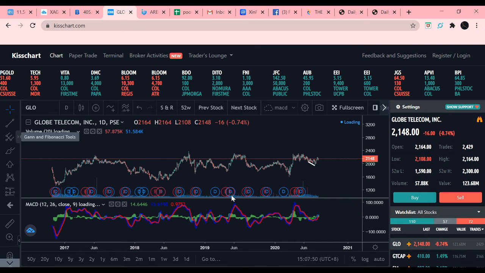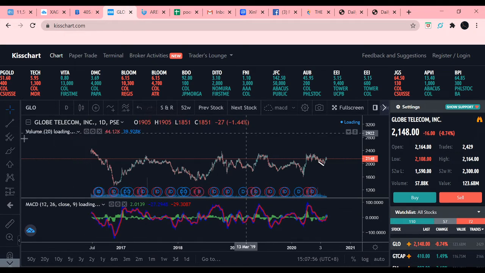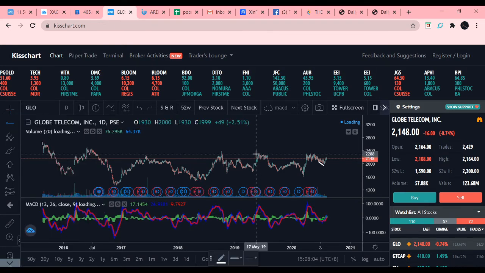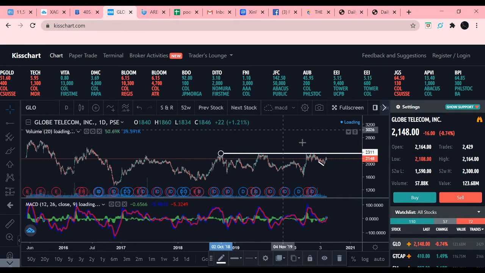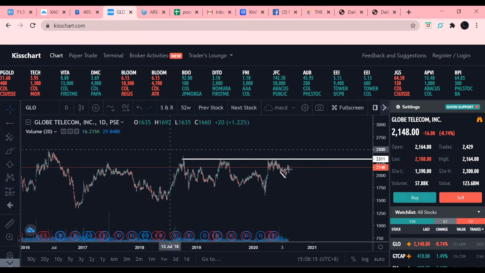So, I'm just checking. This area na yung malakas niya na resistance, so around the 2-3 area. And then, of course, yung support ko dito sa around the divergence area.